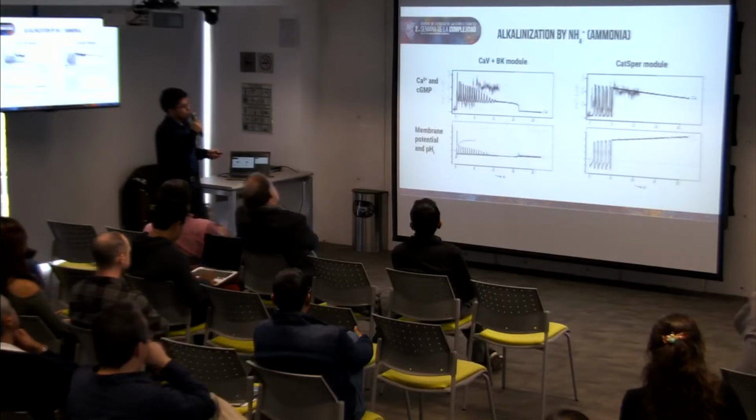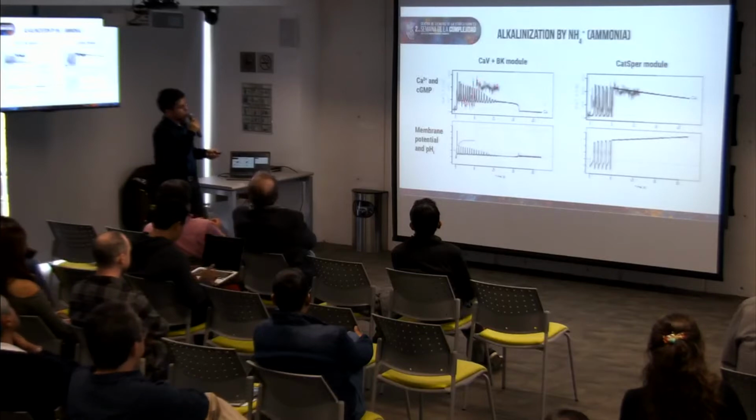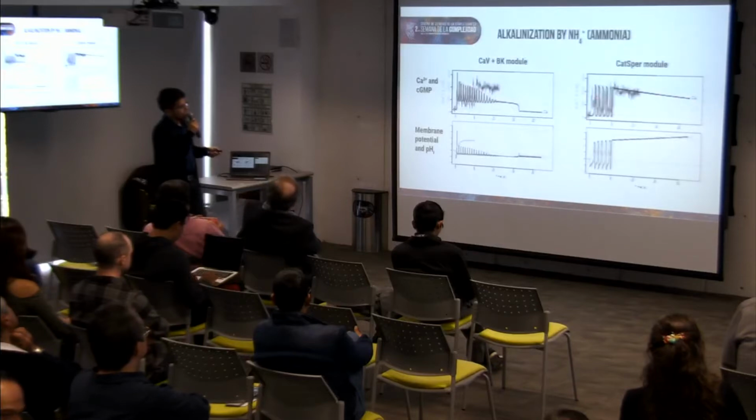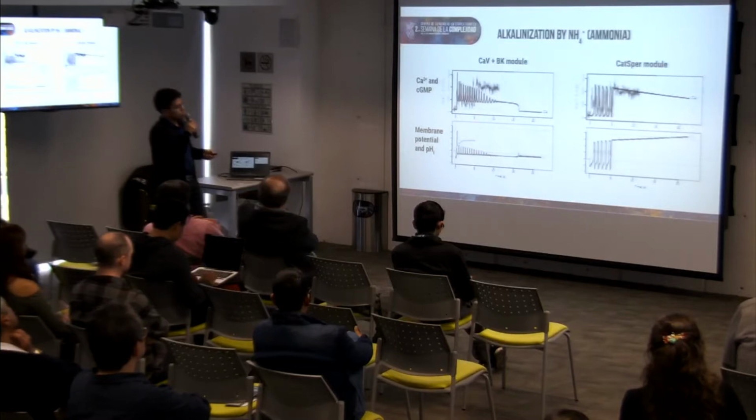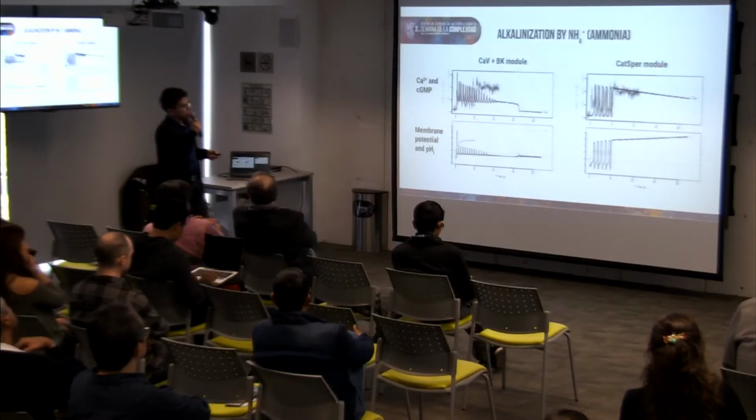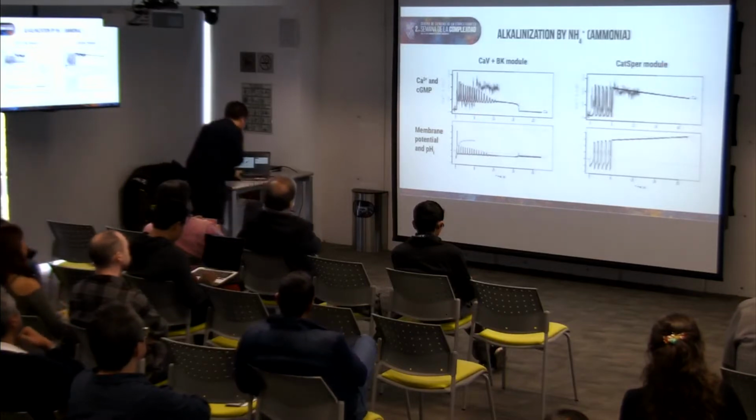This noisy signal comes from the experiment, and we are overlaying the simulation results. This is equivalent to clamping the pH at a certain amount as of 5 seconds, and you can see that the CatSper module is explaining the results well.